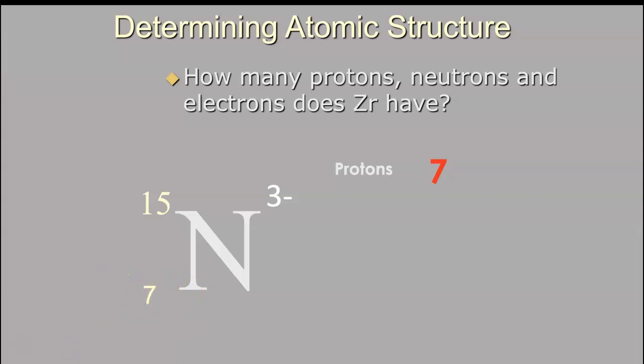That's how we're going to identify that nitrogen atom. Electrons? So this 3 minus here means that it has gained 3 negative charges. So that means that it's going to have 10 electrons. And of course, it's going to have 8 neutrons because 15 minus 7 is 8.